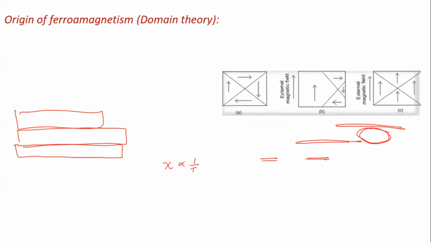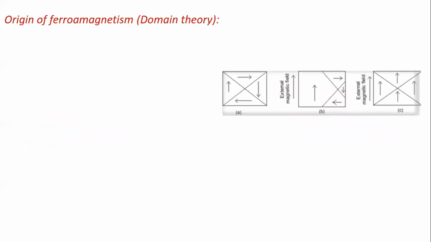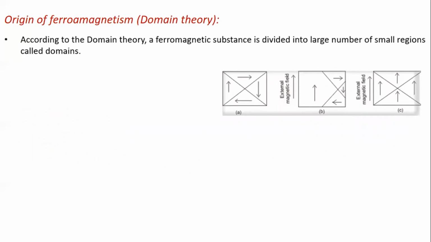Now the next one is the origin of ferromagnetism, which we explain using domain theory. So what is a domain first? According to the domain theory, a ferromagnetic substance is divided into a large number of small regions.